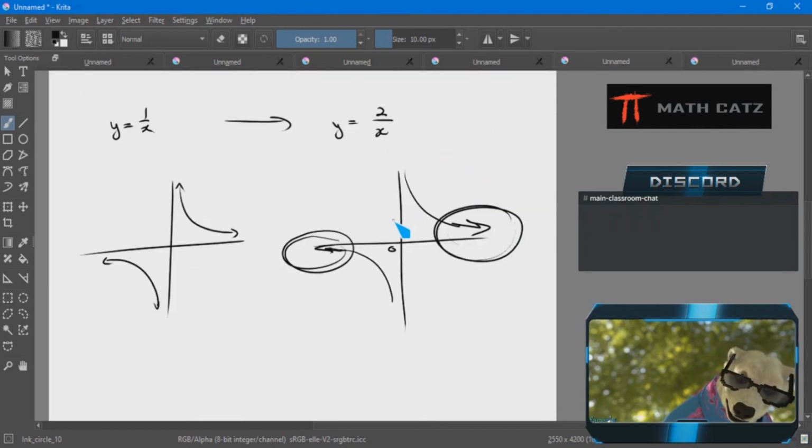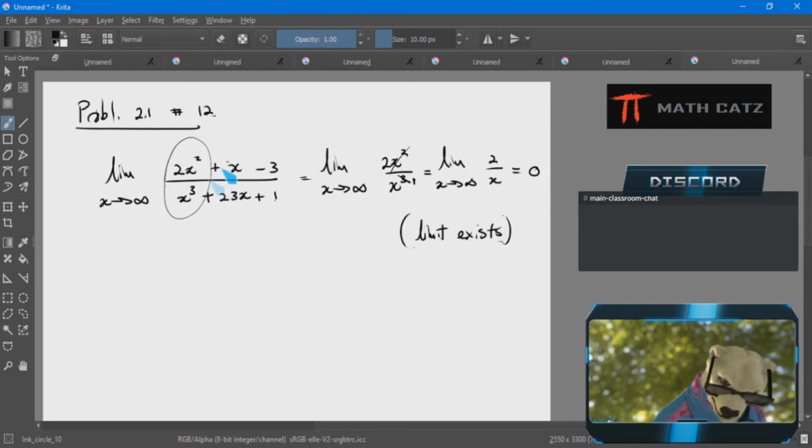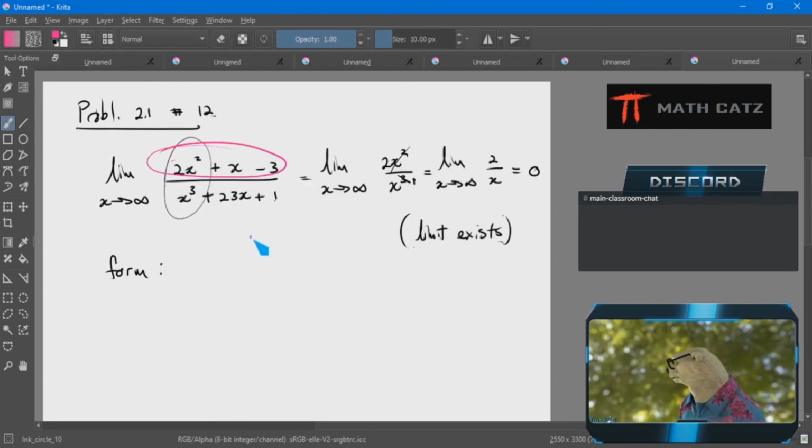Anyway, okay. So to emphasize in our last few minutes here, the interaction of the pieces is not always so easy. So now, the form of this limit. What do I mean by that? I'll make it pink. Color is always helpful. I have a numerator.